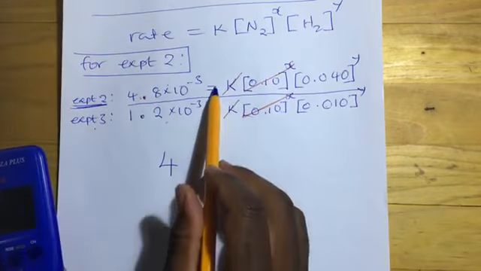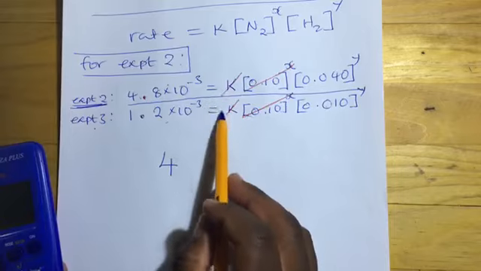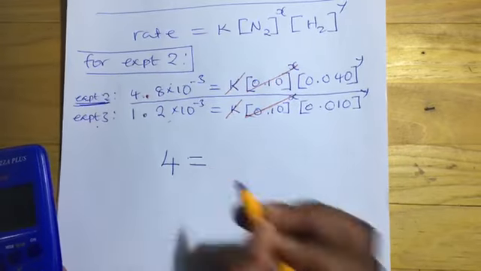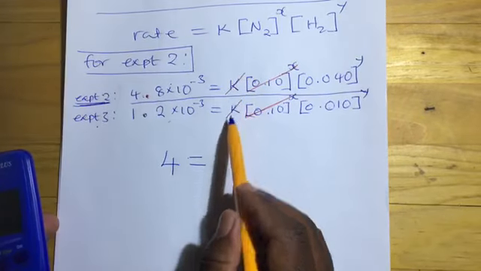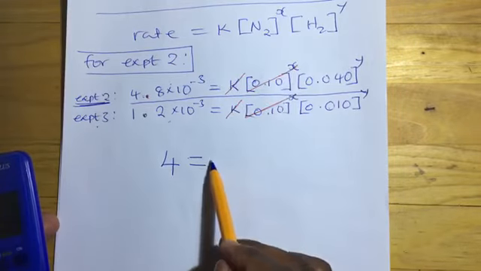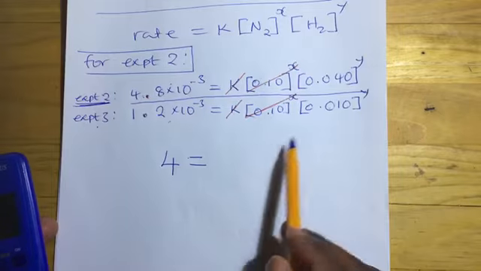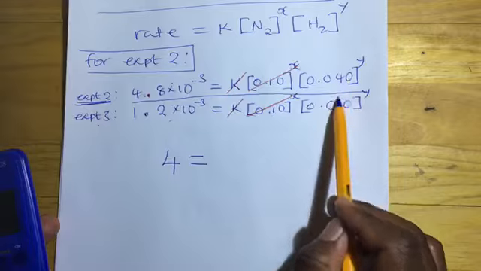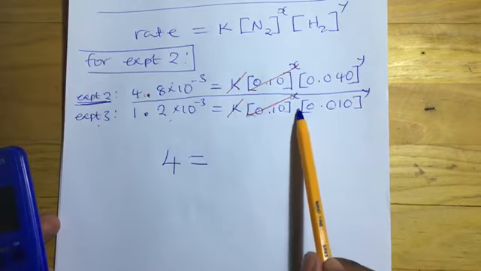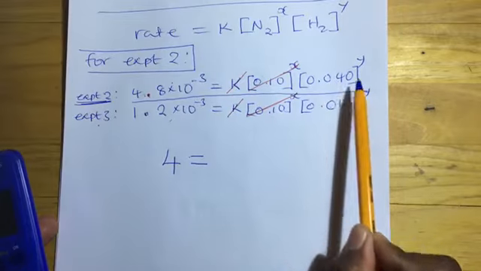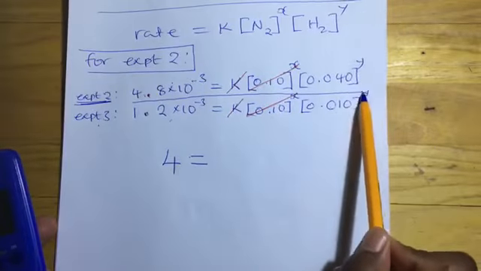Okay, we had an equal sign here. Equal sign obviously won't cancel out. So I had an equal sign here, so I'll put an equal sign. So 4 is equal to, the K has disappeared, no need to write it. The first concentration has disappeared, no need to write it. Now here, I am going to divide this into that, and my answer will still have a power of y.